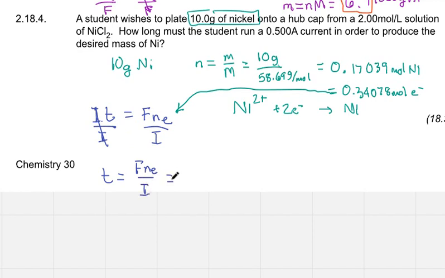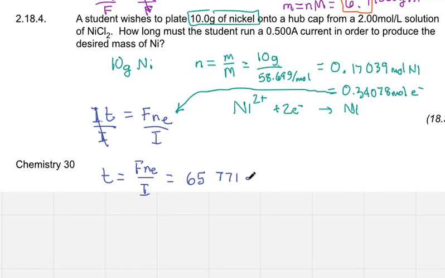So 96,500 times our moles of electrons are 0.34078, divide by the current, which they said was 0.5 amps, and we get a time of 65,771.